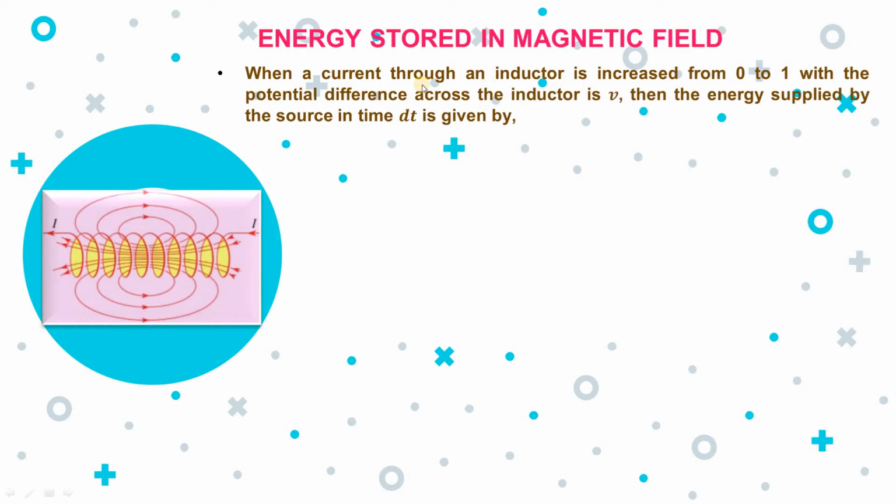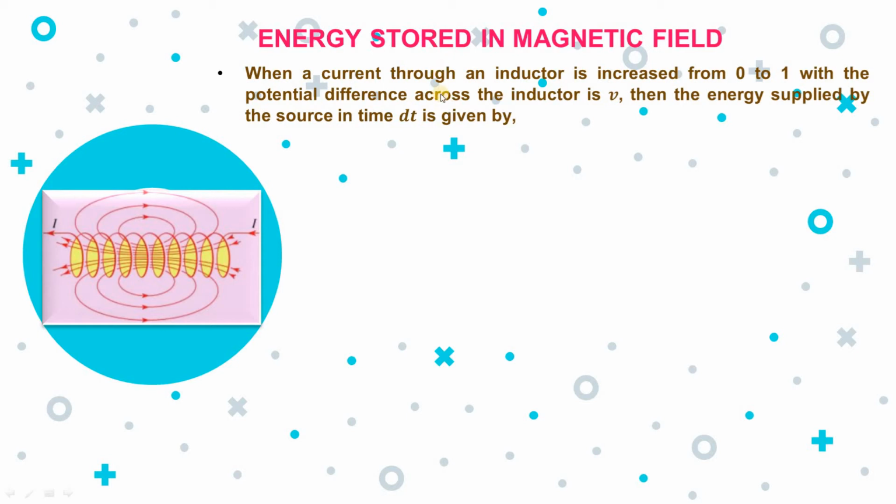Whatever I discussed in words: when a current through this coil or inductor is increased from one value to another, then the potential difference across it is proportional to the rate of change of current with respect to time.